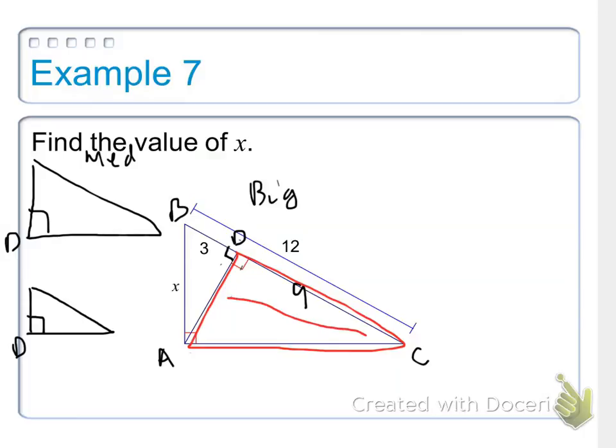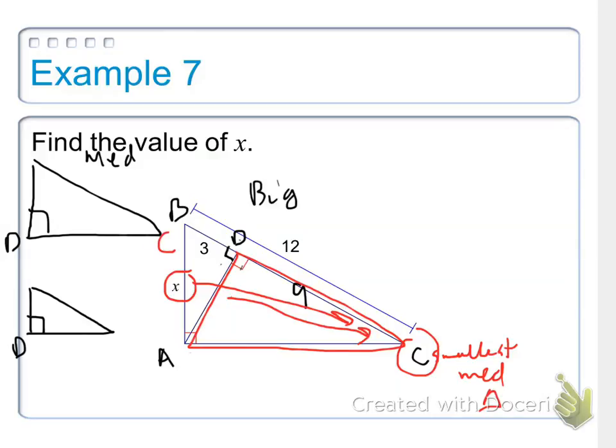So the smallest angle is C. Okay, so that's the smallest in the medium triangle. What about the big triangle? What's the smallest side? This looks like the smallest side, and it's also opposite C. So C's in the bottom right, so on the medium triangle, C is going to go right there.